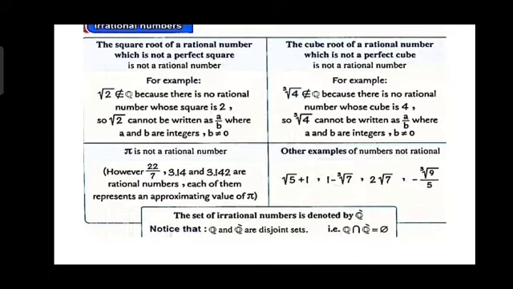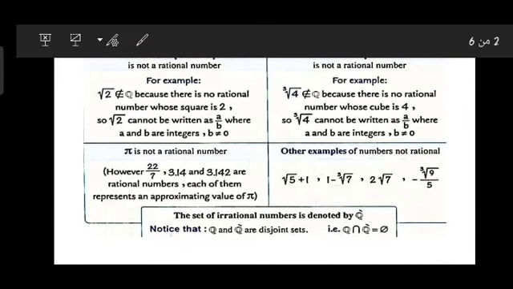So the cube root of 4 cannot be written as A over B, where A and B are integers and B doesn't equal 0. Other examples of irrational numbers are root 5, 1 minus cube root of 7, 2 root 7, negative cube root of 9 over 5, and other numbers.